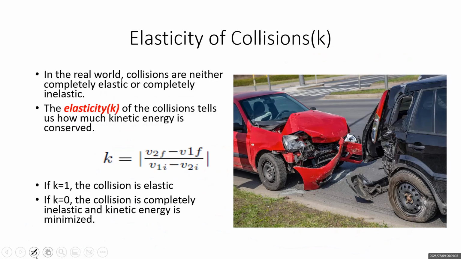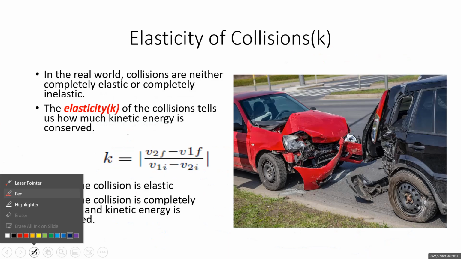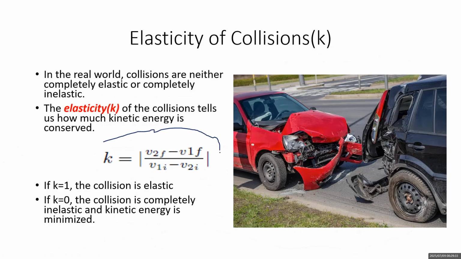Now, we have to use this formula for the elasticity, K. It's the difference in final velocities over the difference in initial velocities between two objects, and it's in absolute value. So this K value is always positive.